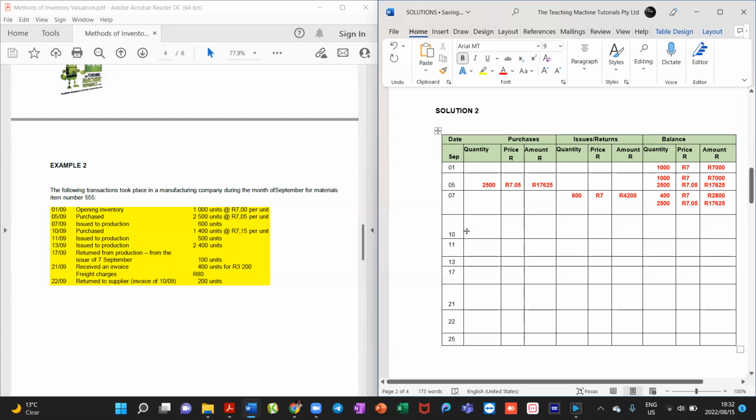The transaction on the 10th says purchased 1.4 units at 7.15 rand per unit.